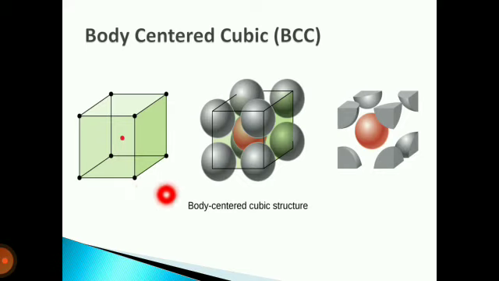This shows the arrangement of atoms in the BCC crystal lattice. All 8 corners of the cube are occupied by atoms, and at the center of the unit cell there is one atom present which is not shared by any other unit cell.